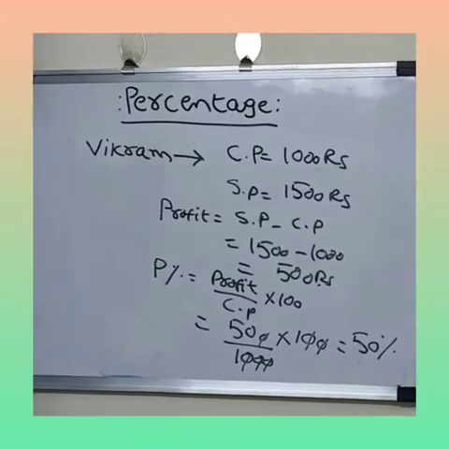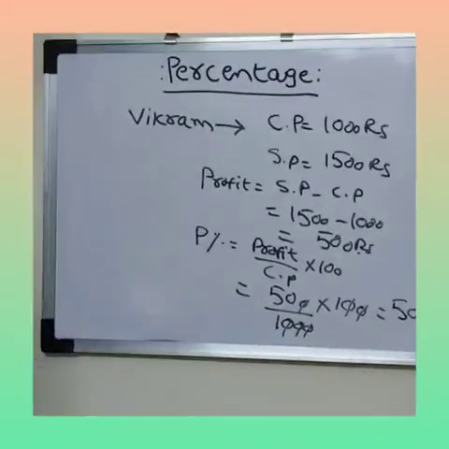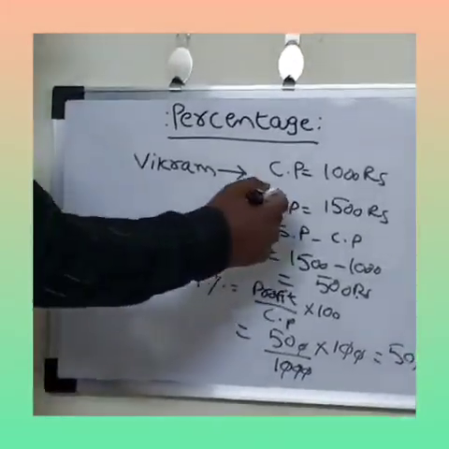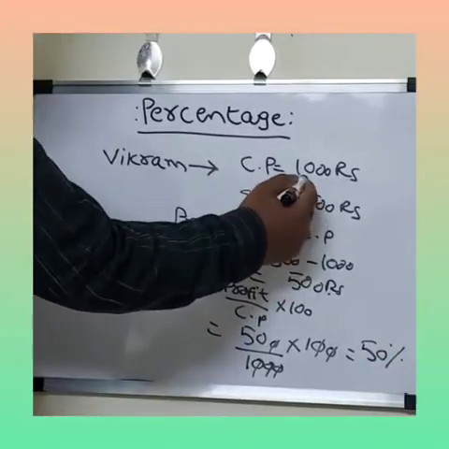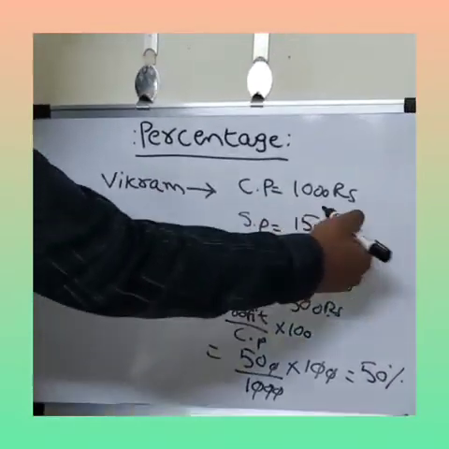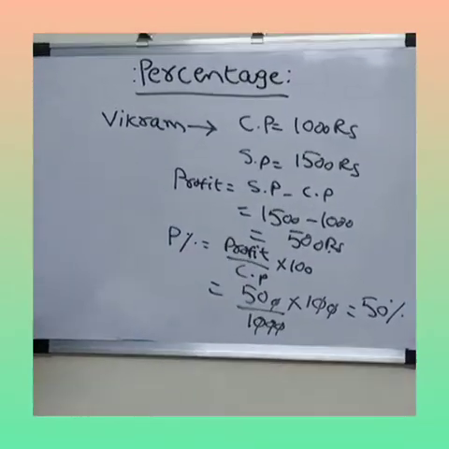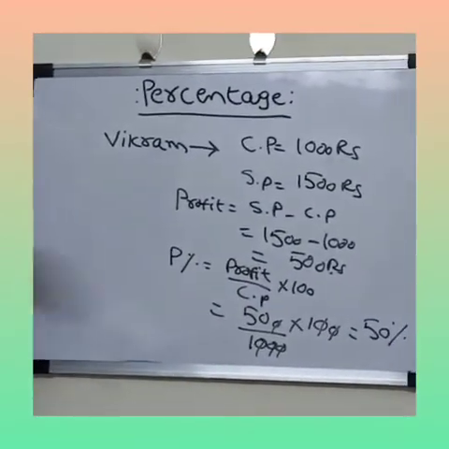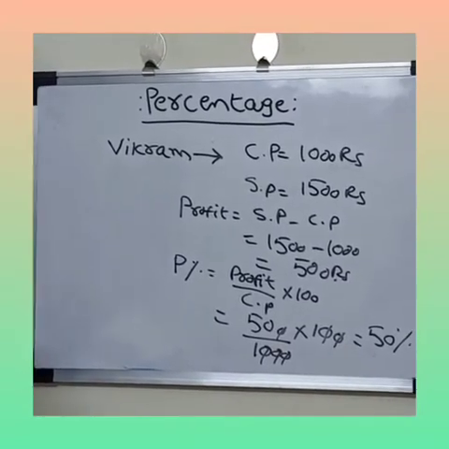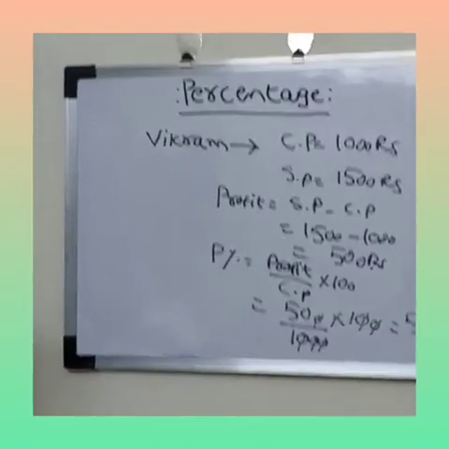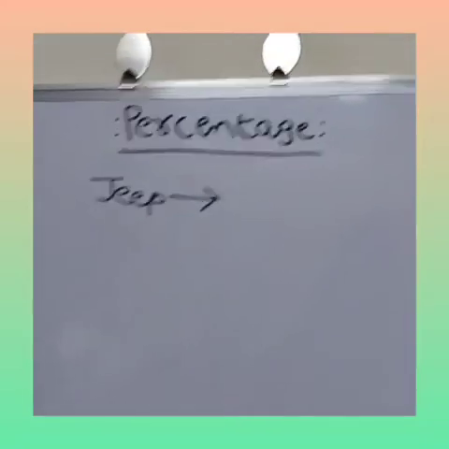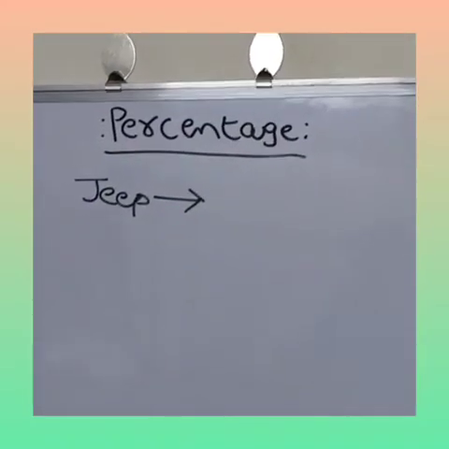How can you solve this problem in 10 seconds? The difference between the selling price and cost price is 500, so it is 50%, and the answer is directly 50%. But if you solve using the formula, profit percentage is profit by cost price into 100.